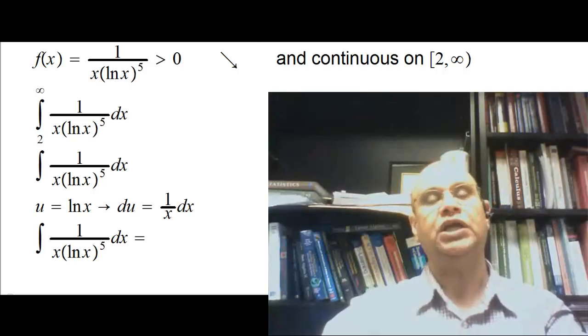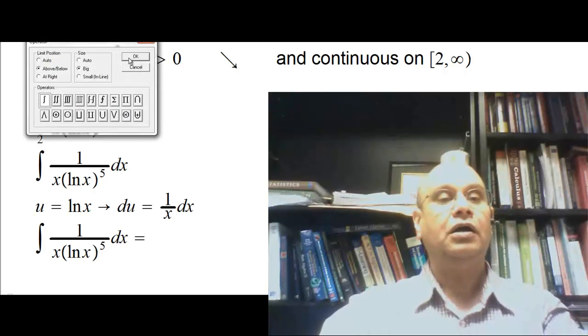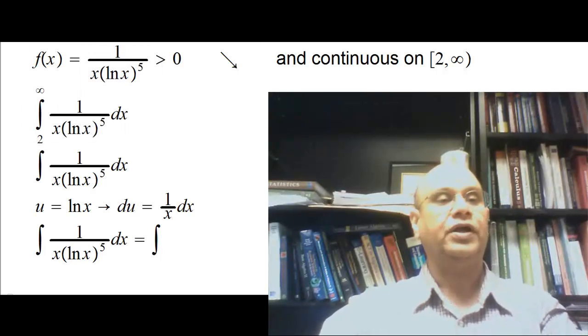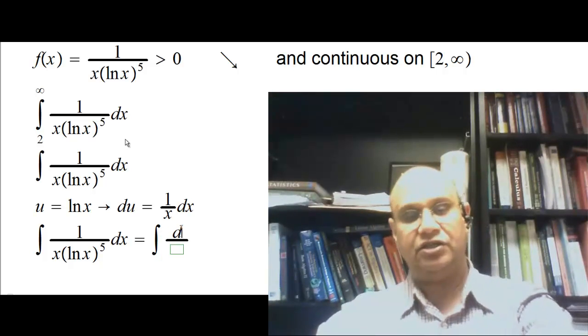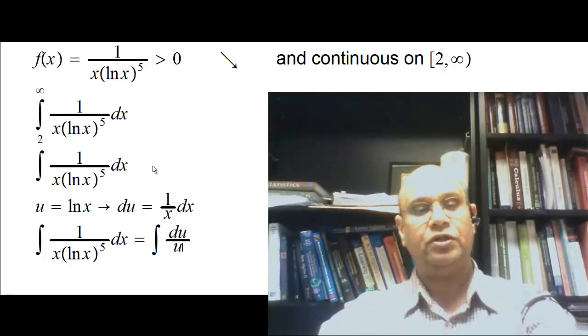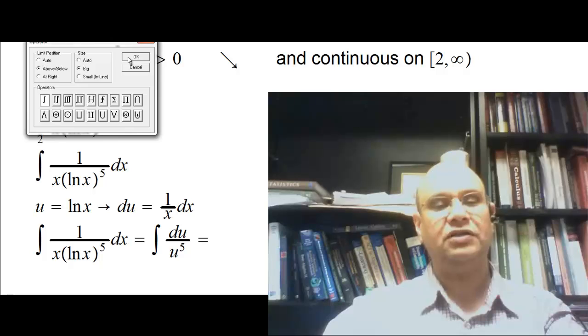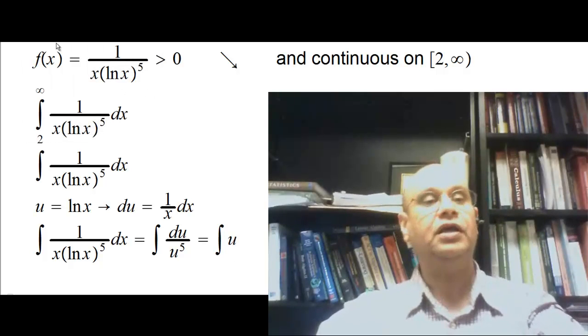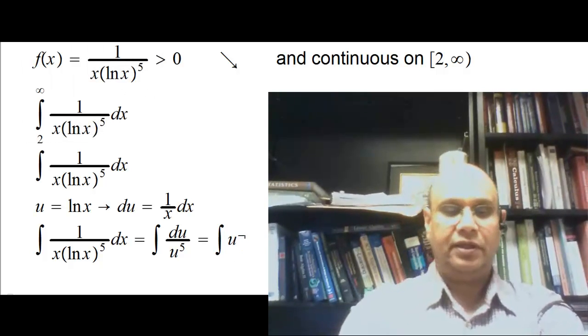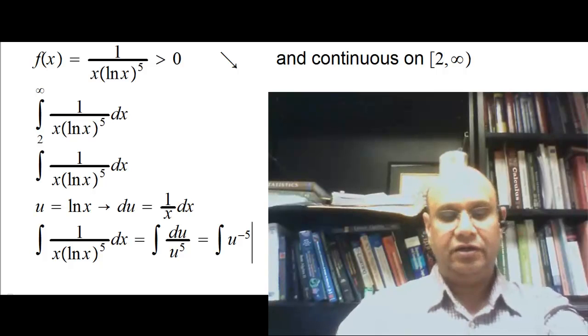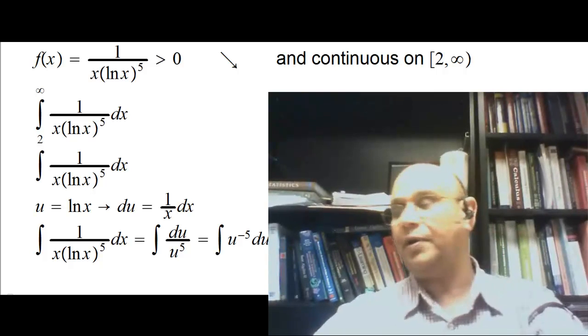So we have 1 over x dx as du, and this is u to the power 5, and then what we have is u to the negative 5, right? Du, very quickly apply the power rule.